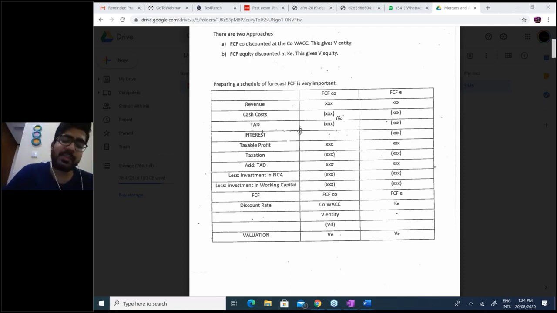If the question asks FCF to equity, use FCF to equity. But if the question says FCF method, then you need to think that if WACC is given, WACC comes in FCF to company format, you can use FCF to company. But if KE is given, it comes in FCF to equity.